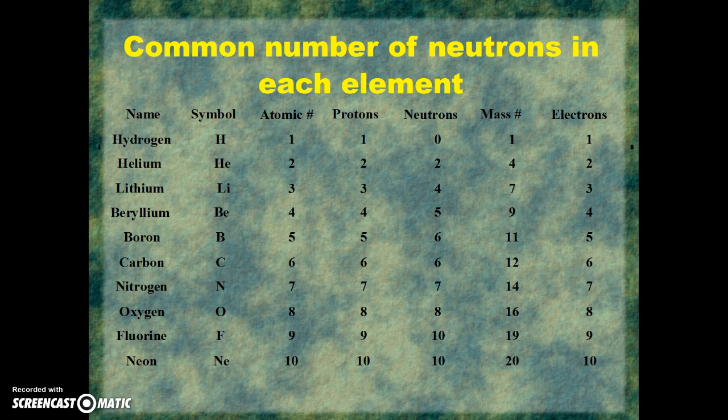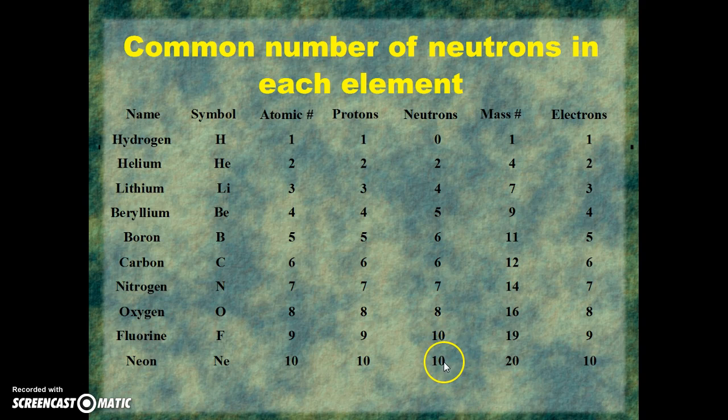Here are the common numbers of neutrons in each of the elements. Typically hydrogen has none, although we'll see in a little while, there are isotopes of pretty much every element. Helium typically has 2, lithium 4, beryllium 5, boron 6, carbon 6, nitrogen 7, oxygen 8, fluorine 10, and neon 10.